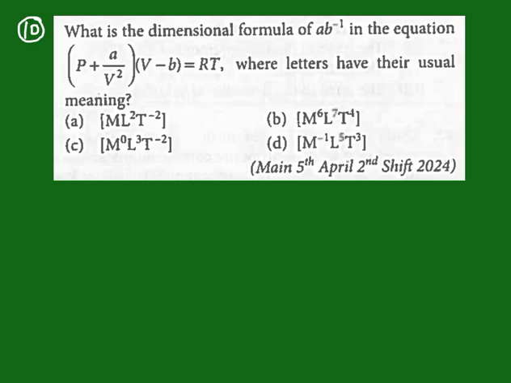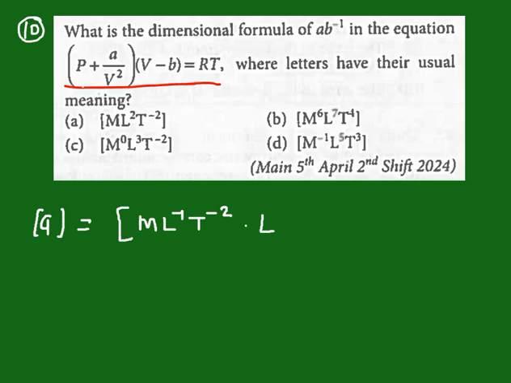We all know that this equation is the real gas equation. This equation is asked many times. They ask to find the dimension of A, find the dimension of B. Dimensional quantities can be added only when their dimensions are the same, or they belong to the same physical quantity.